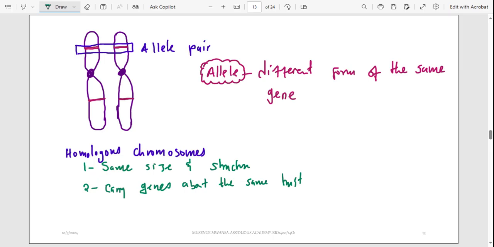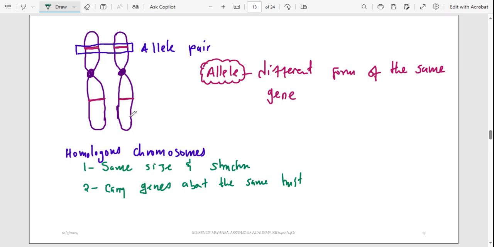Such a pair of genes that code for the same trait, we call them alleles, as we have said. You need to note that because homologous chromosomes have similar size and shape, each allele pair is found at a similar location, and that location is known as a locus.